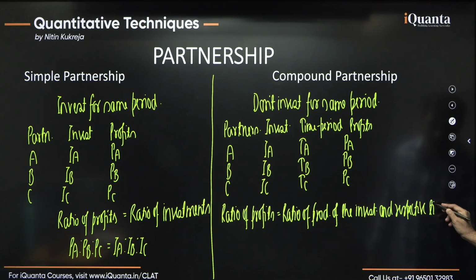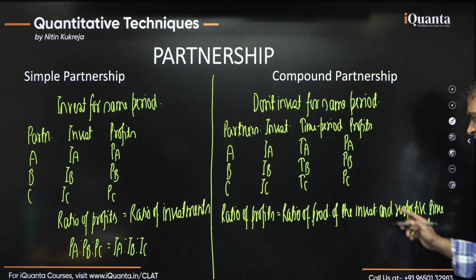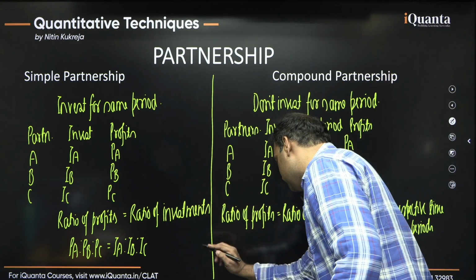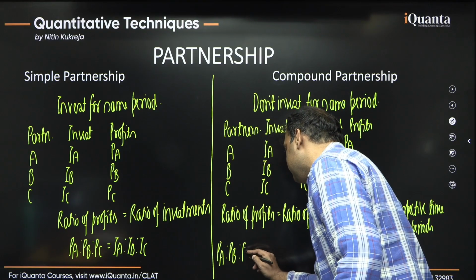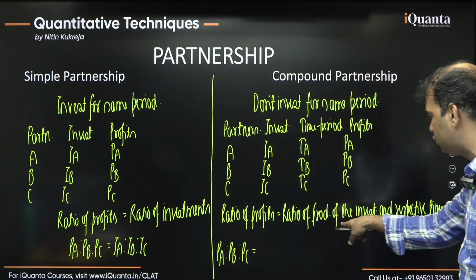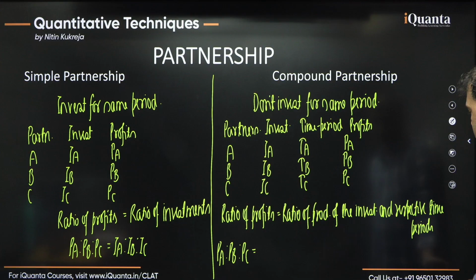All right guys, so this is the meaning of this concept. Let me write this in equation form as well, in the ratio form. So we'll say the ratio of the profit, PA is to PB is to PC, must be the ratio of the product of the investment and the respective time periods.